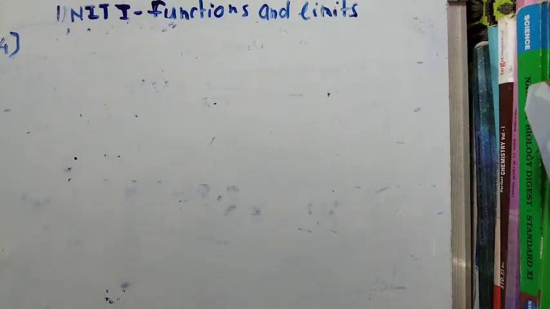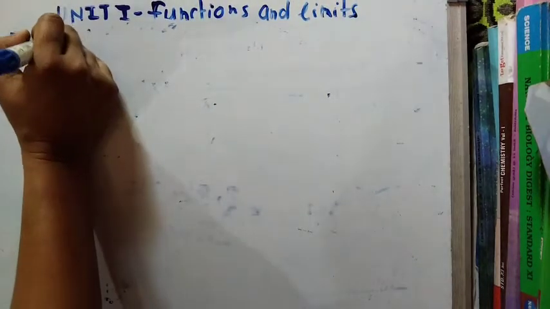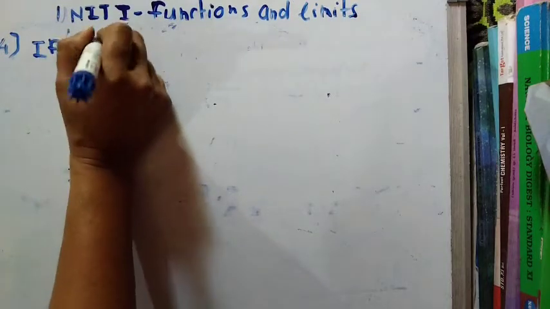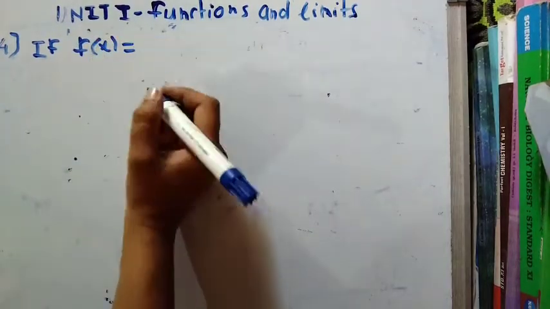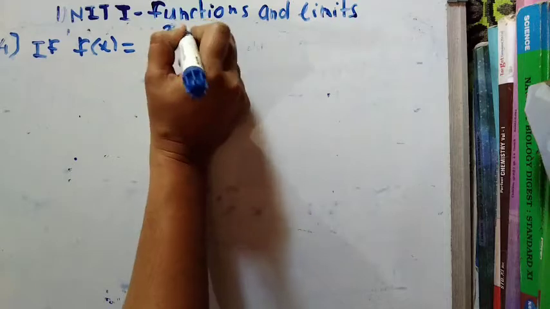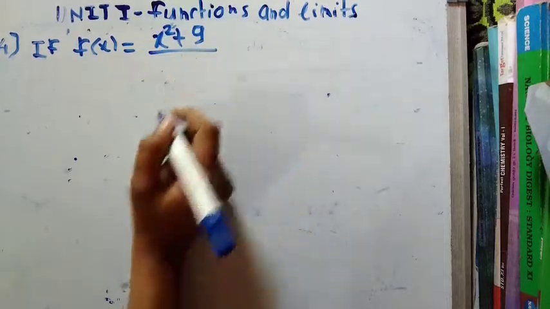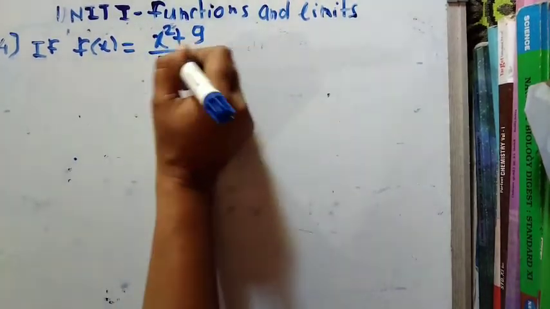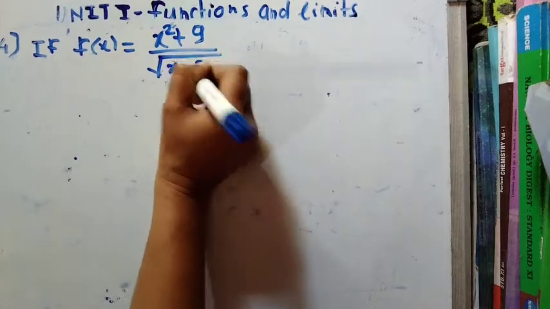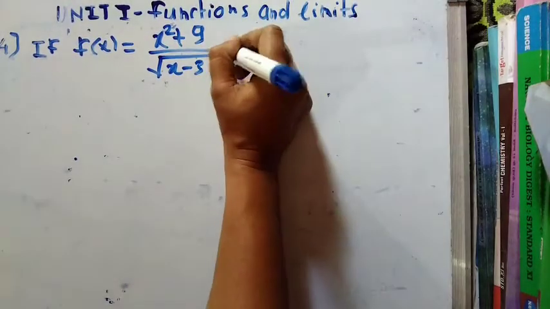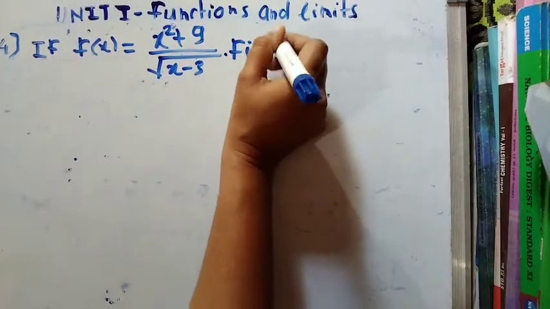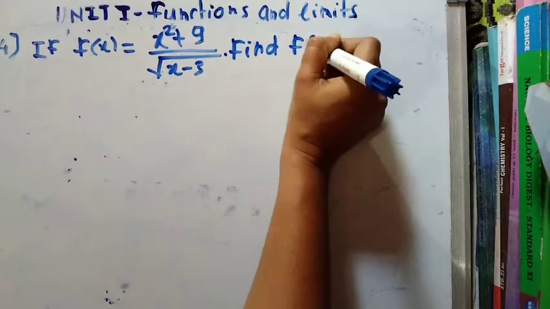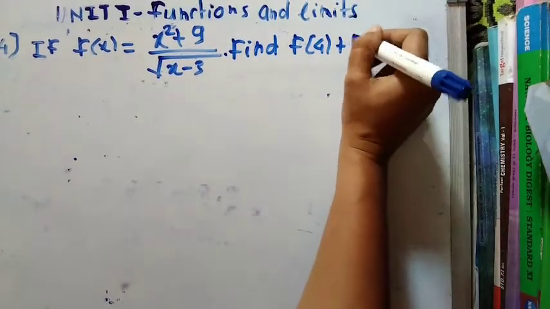Then example 4. If f of x is equal to x square plus 9 divided by square root of x minus 3, then find f of 4 plus f of 5.